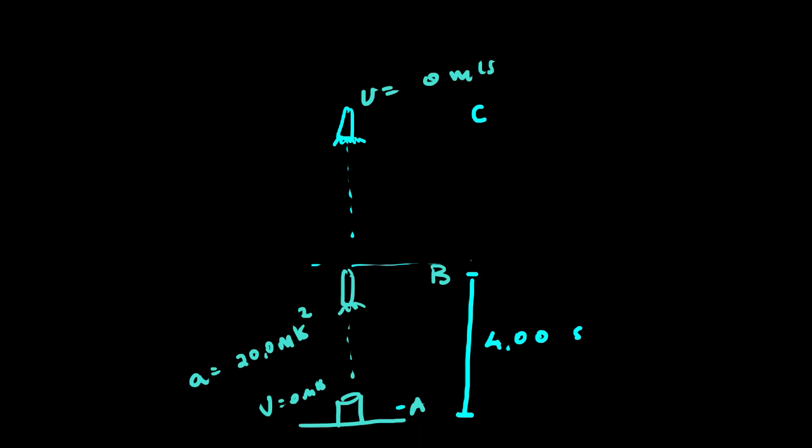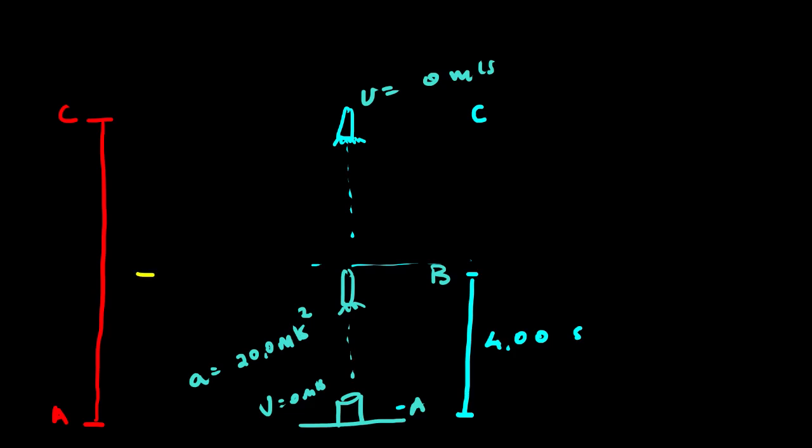So what the question wants is the height, or the maximum height, from A to C. But in order for us to do that, we have to break it down.